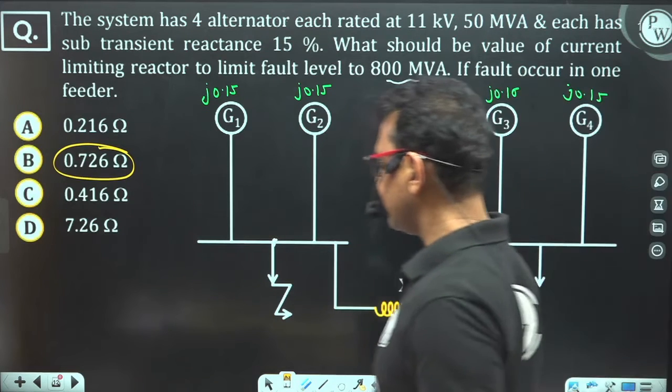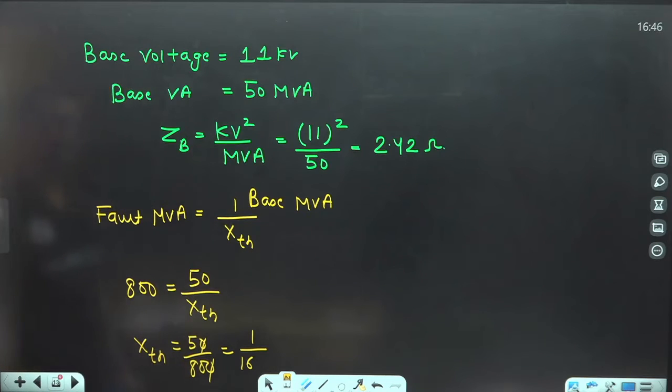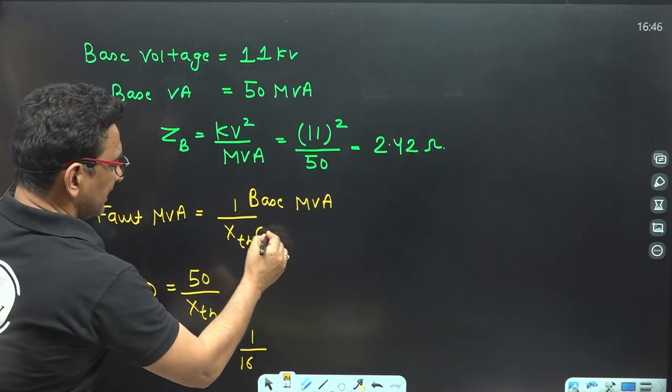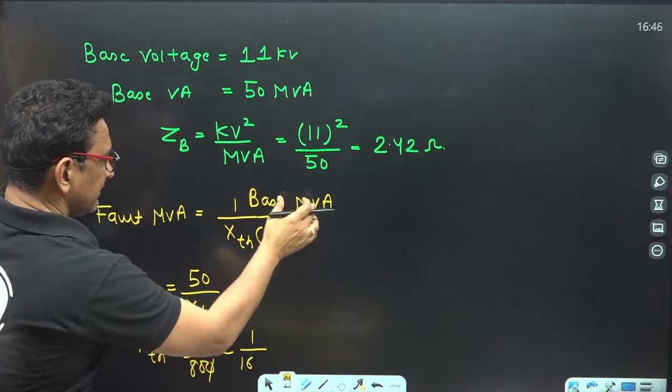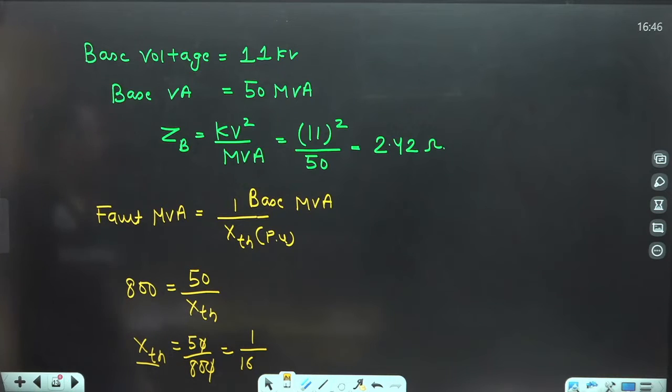So what was the method? First draw the positive sequence network. Choose the base voltage and base kVA, and find out the base impedance. Now the fault MVA is the base MVA divided by XTH in terms of PU value. So base MVA is given, fault MVA is given. This is the XTH in terms of PU value.